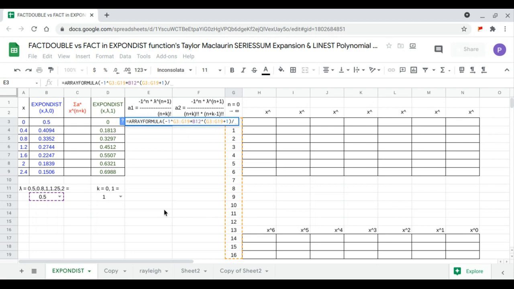All over the denominator, which is factorial n plus k. Then enter.